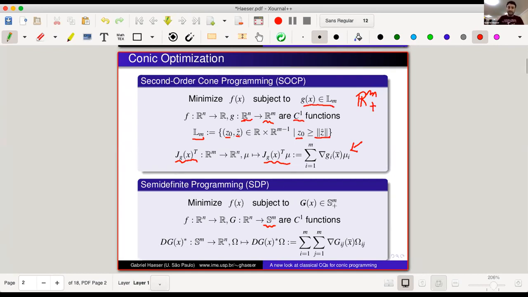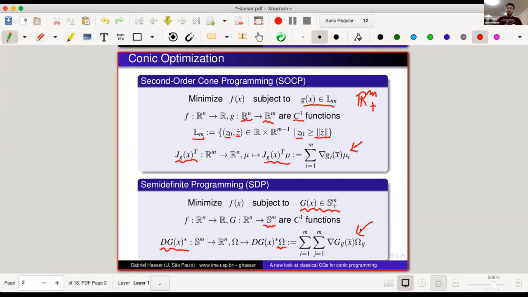The constraint is that this matrix is positive semi-definite. Here also the derivative operator, which is the adjoint transformation, you evaluate at a symmetric matrix omega, and what you get is also a linear combination of the gradients of each component of this matrix G.